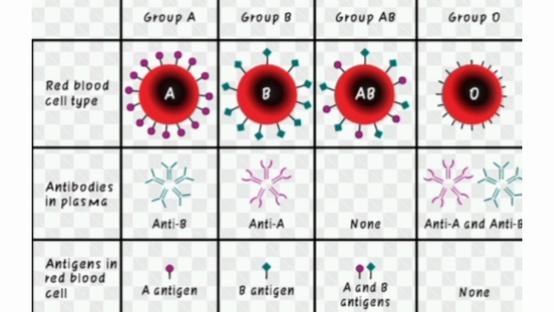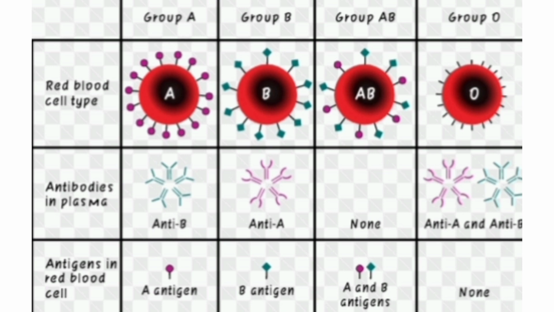Next one, in group O, antibodies A and B are present in plasma and no antigens in RBC. Students clear?